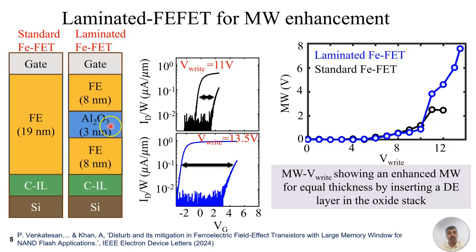Therefore, insertion of a dielectric material in the ferroelectric oxide stack, keeping the physical thickness the same, results in significant enhancement of memory window performance. In this case, when the dielectric material is inserted between the two ferroelectric layers, it is called a laminated Fe-FET.